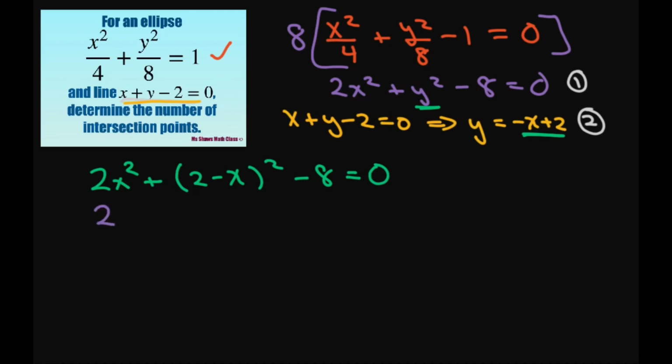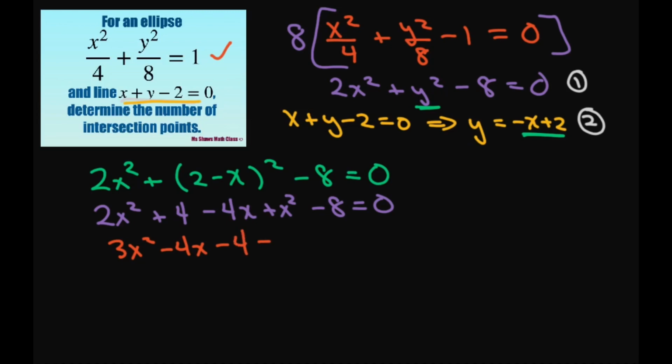This gives me 2x squared plus 4 minus 4x plus x squared minus 8 equals 0. This simplifies to 3x squared minus 4x minus 4 equals 0. And I'll call this equation 3.